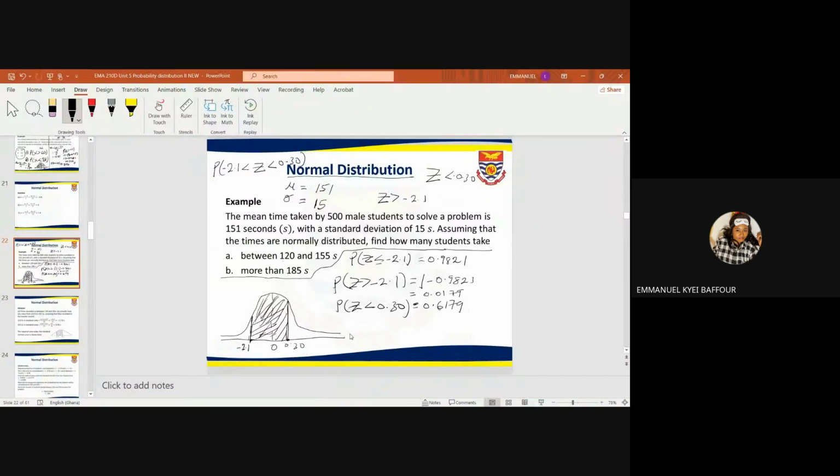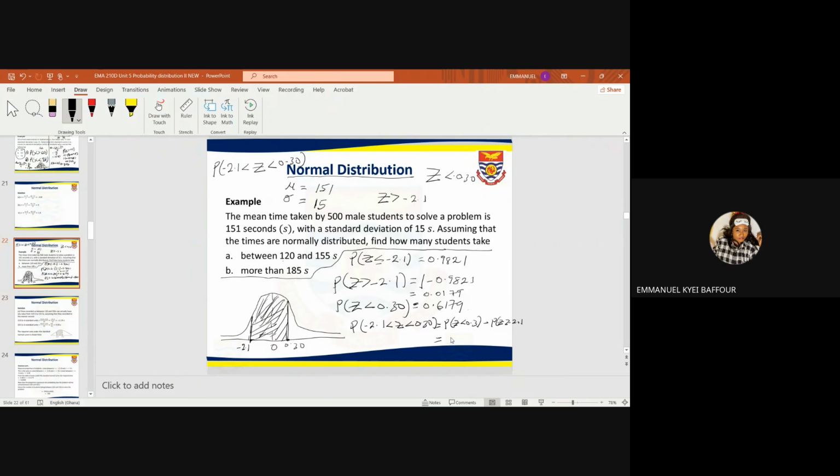So for us to be able to find the probability of negative 2.1 less than Z less than 0.30, that will be equal to the probability of Z less than 0.3 minus the probability of Z greater than negative 2.1.